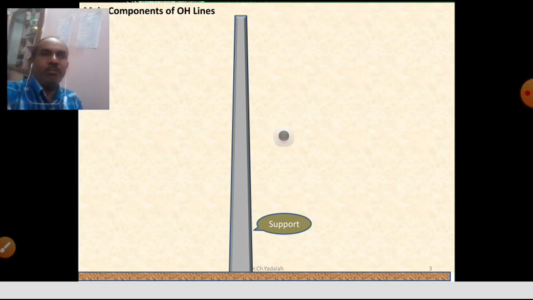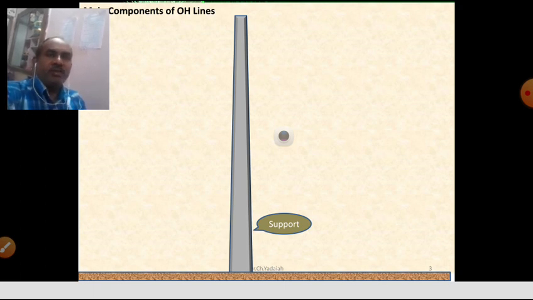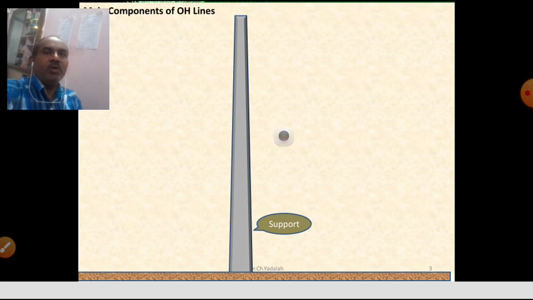Here we are using RCC poles or PSCC poles. What do you mean by RCC? RCC means reinforced cement concrete poles. These are the standard poles, and the remaining PSCC poles are the pre-stressed cement concrete poles. So both are generally used.